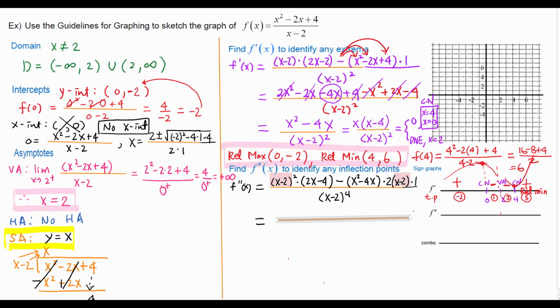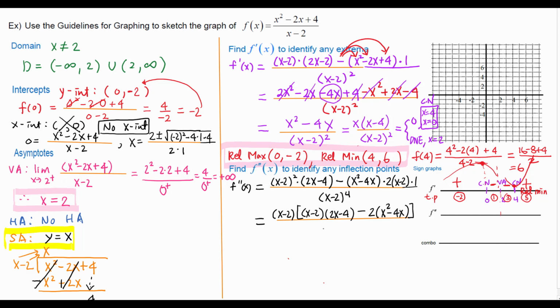Okay, now look at your numerator. Your numerator has a common factor x minus 2. So I'm going to take out the common factor x minus 2. Then I have another factor of x minus 2 from the first factor and 2x minus 4 factor, minus from the second term, because you took out the x minus 2, you have a 2 times the quantity x squared minus 4x factor.